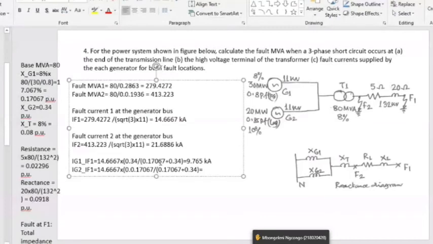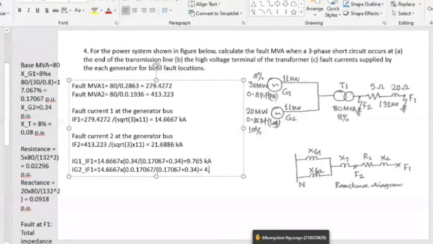These units here will be cancelling each other. 0.34 is in per unit, 0.17 and 0.34, you are adding them, so it remains per unit over per unit, they cancel each other, and this kiloampere will remain as it is. You can always verify from the equation what the unit should be, and you do it all the time. It's a good question.